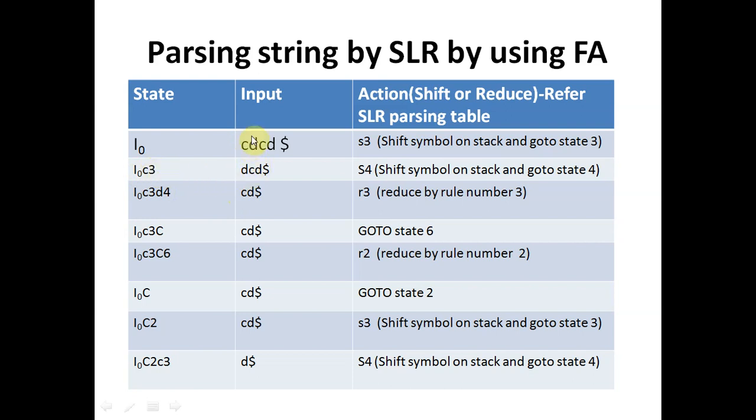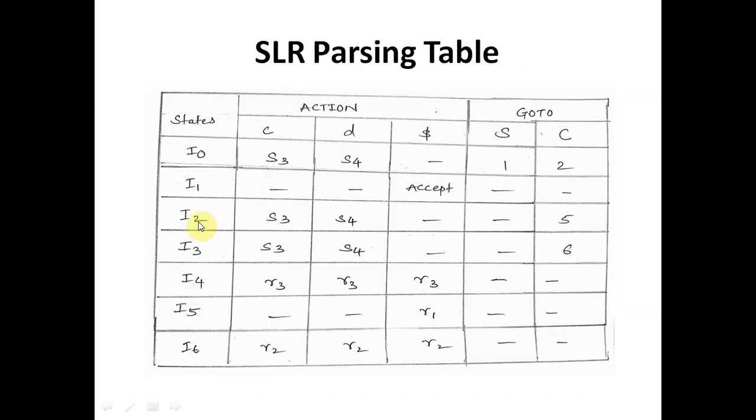Okay, and now in your input buffer, you have the next symbol as D. Now you are in the third state and it is receiving D as a symbol. What will happen? We will see that the third state on receiving D says shift 4.